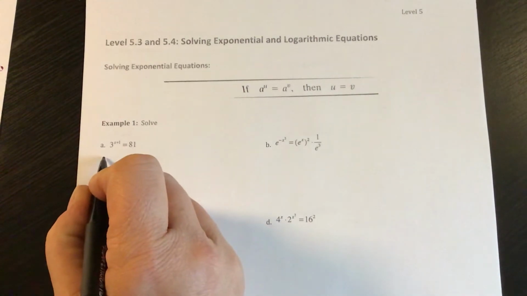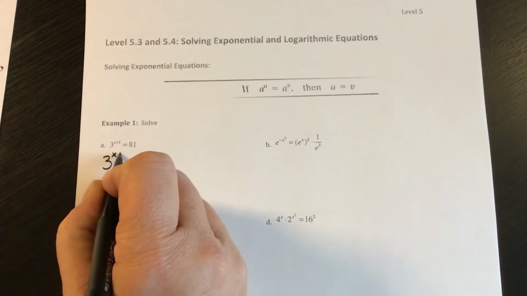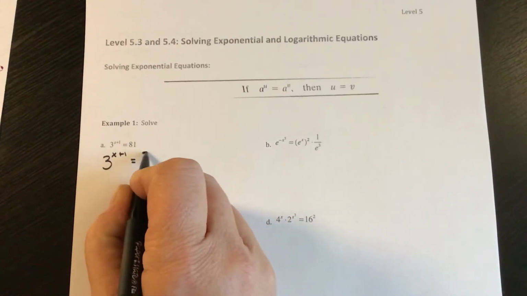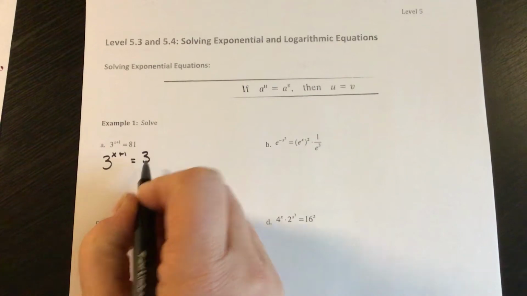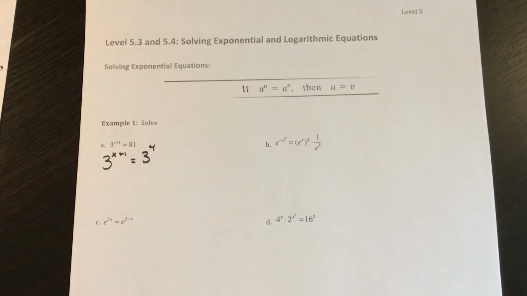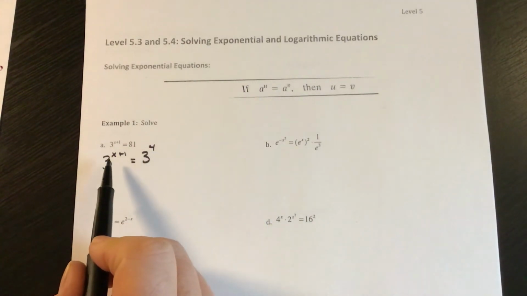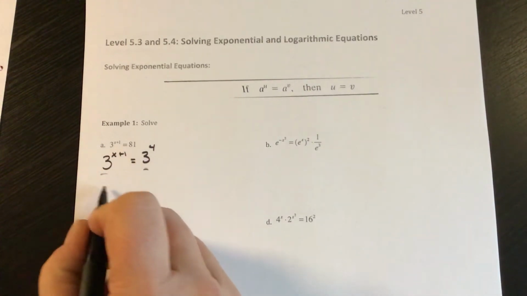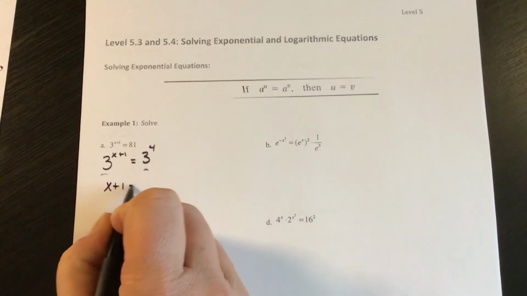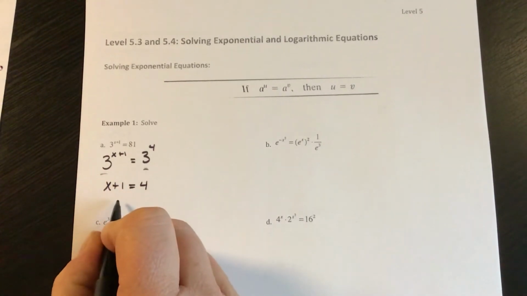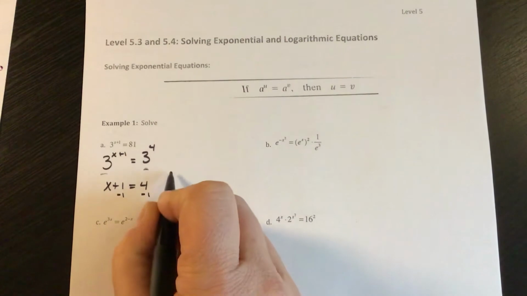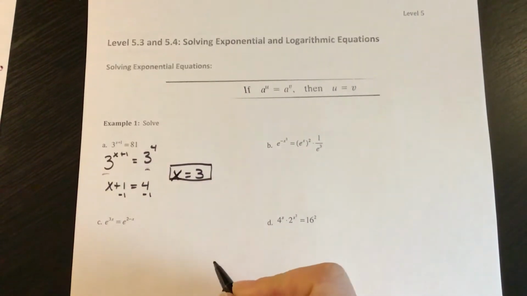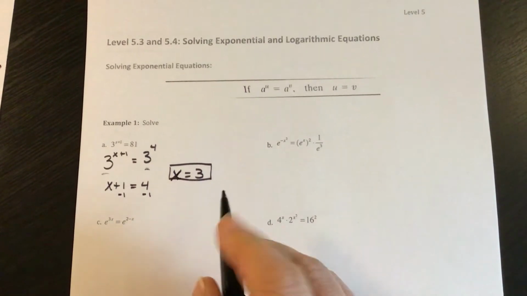So 3 to the x plus 1 and 81, we're going to write as a power of 3, and 3 to the fourth power is 81. Now, because our bases are the same, we can set our exponents equal to each other. So I have x plus 1 is 4, and subtract 1 on both sides, and x is 3. All right, so just a little bit of review of what we did a couple days ago.